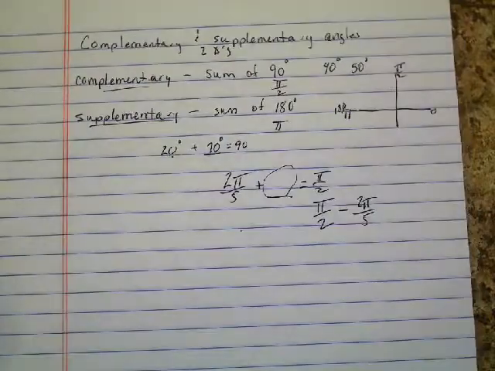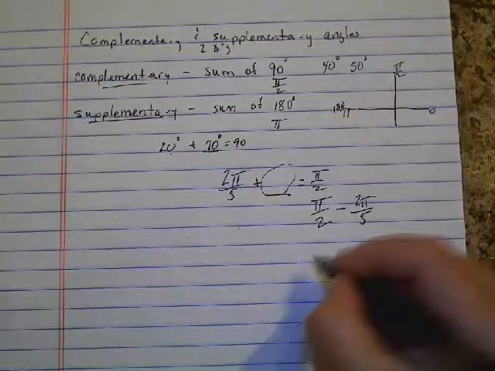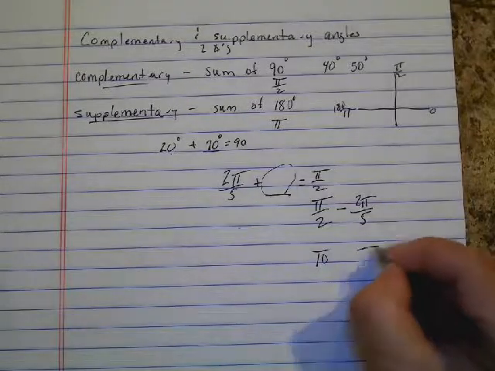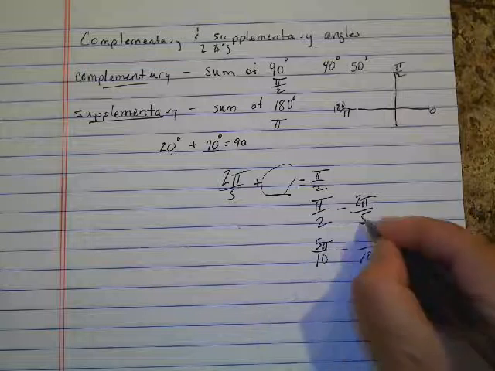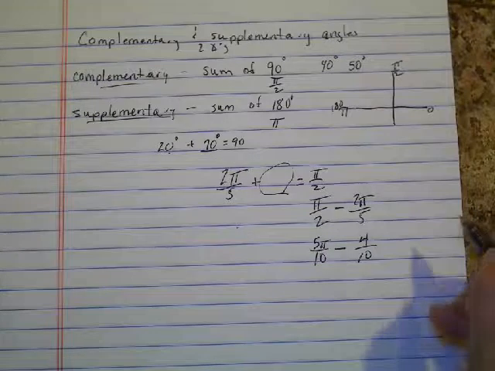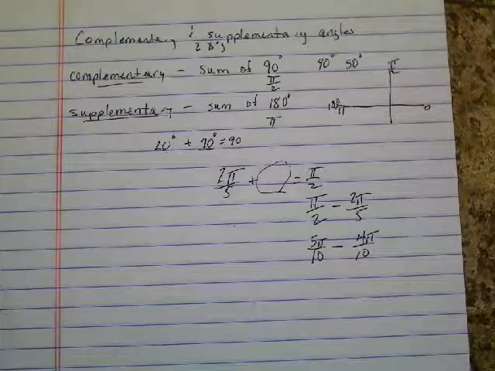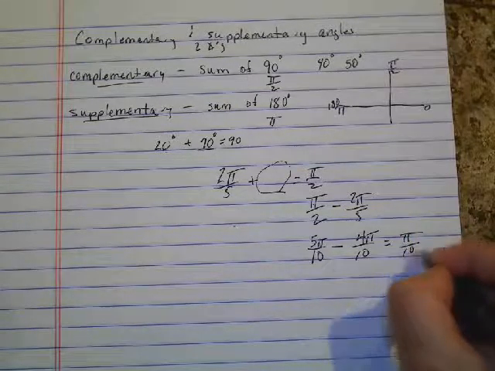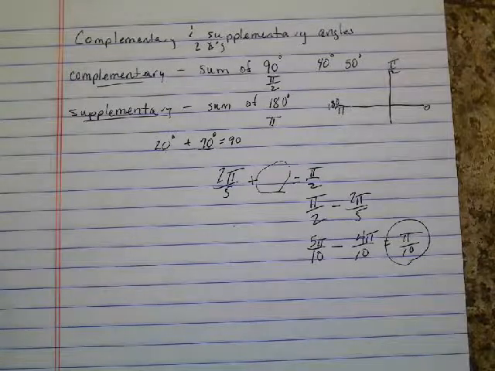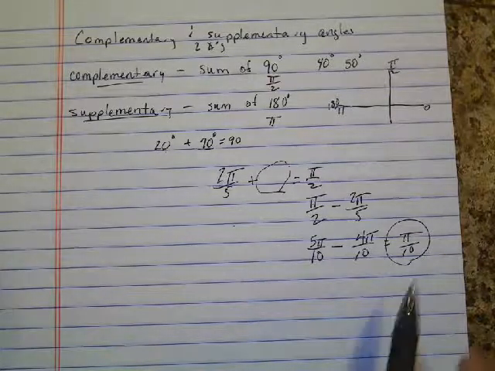And remember, when we deal with fractions, we always have to have a common denominator. So it's going to be over 10 over 10. So this would be 5 pi, and this would be 4 pi. So 5 pi over 10 minus 4 pi over 10 is just 1 pi over 10. So the complementary angle to 2 pi over 5 is pi over 10.